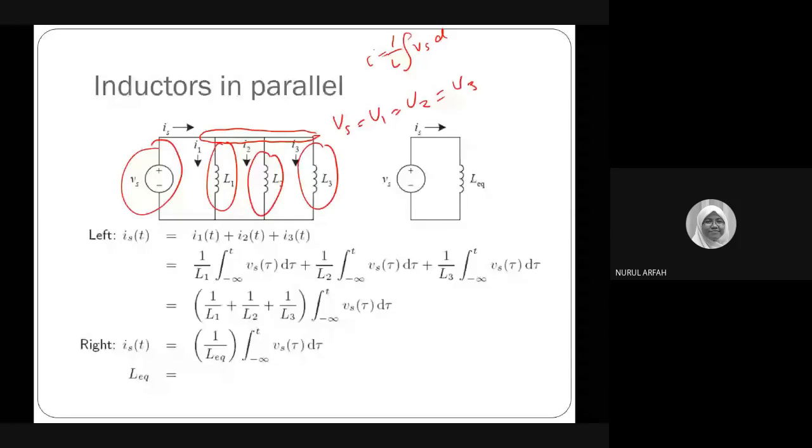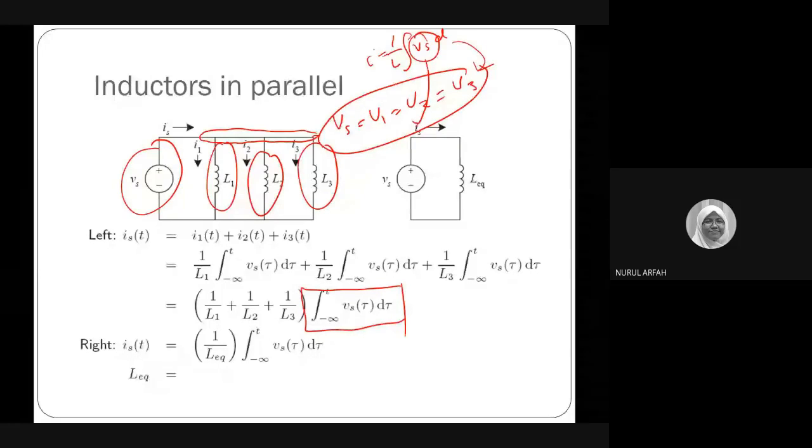And then this is current. And this V source here, since V1, V2, V3 are equal to V source, you can put it at one side.